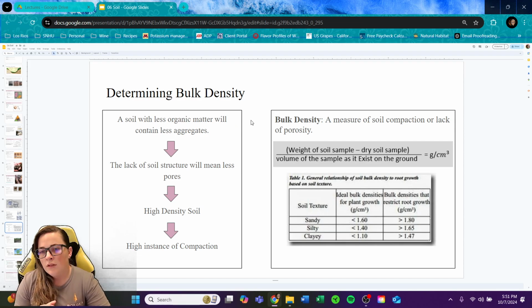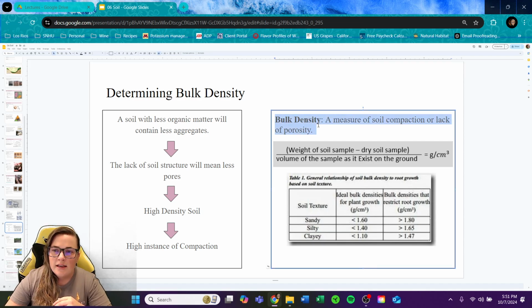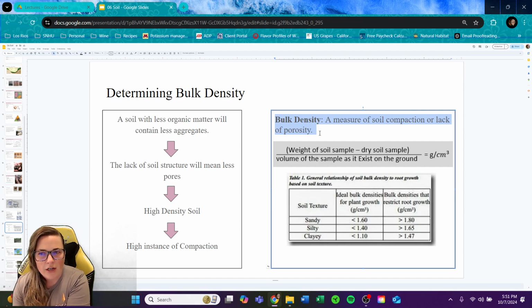Cool. So talking about texture and infiltration, bulk density is a very important component of this. So bulk density is going to measure the degree of soil compaction or lack of porosity that you might have on a site, right?